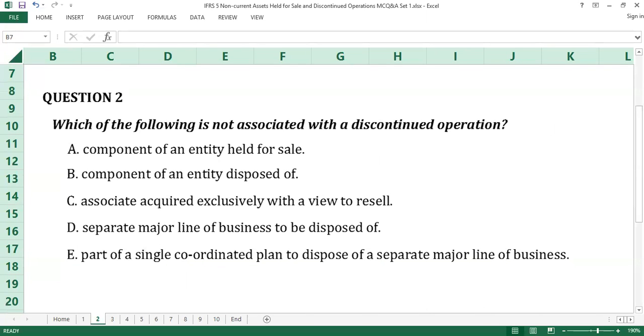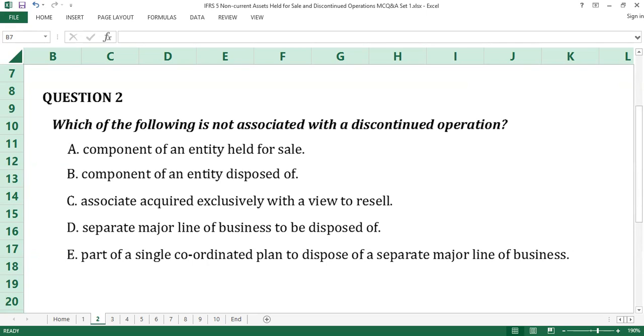Question number 2. Which of the following is not associated with a discontinued operation? A. Component of an entity held for sale. B. Component of an entity disposed of. C. Associate acquired exclusively with a view to resell. D. Separate major line of business to be disposed of. E. Part of a single coordinated plan to dispose of a separate major line of business.